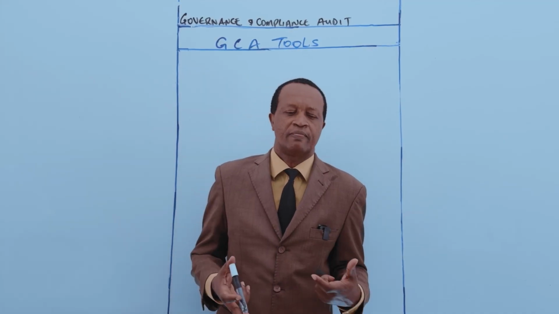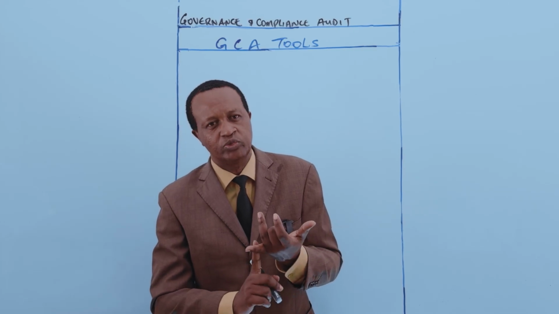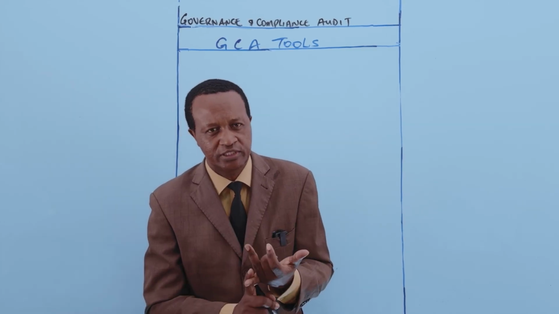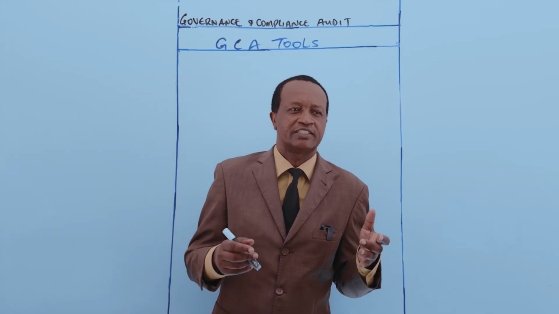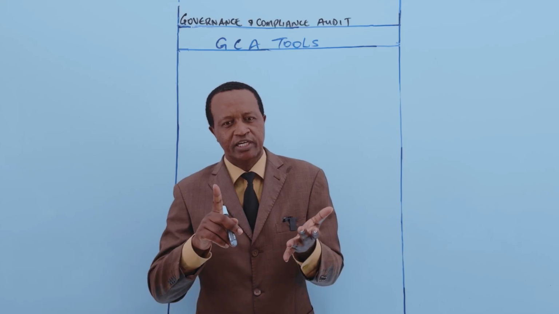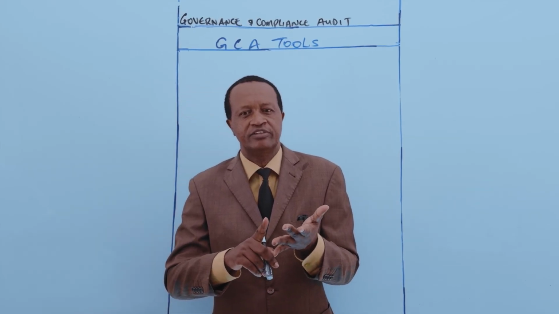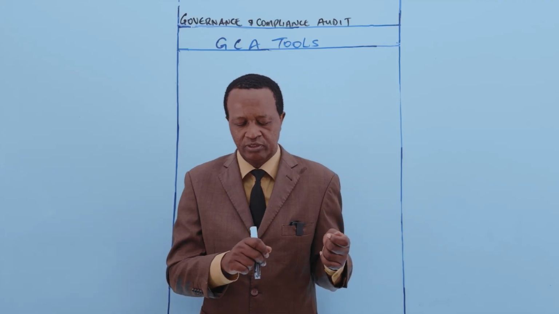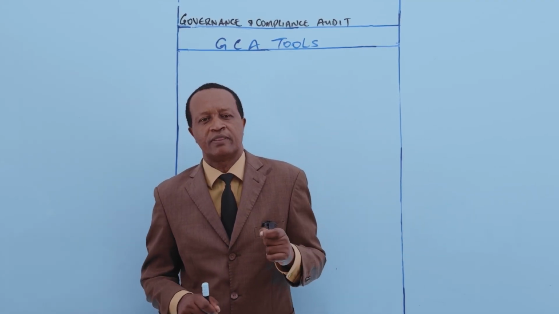So now, in analyzing these tools, you are going to group the tools in 4 categories. The first category is governance and management tools. Then we have the compliance and risk tools, what we call the GRC platforms.